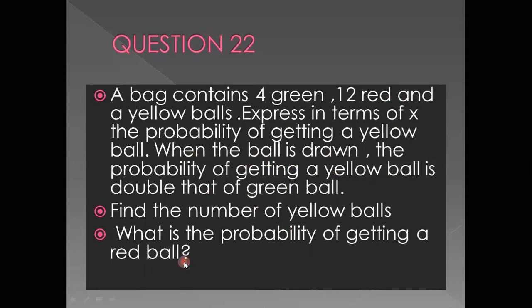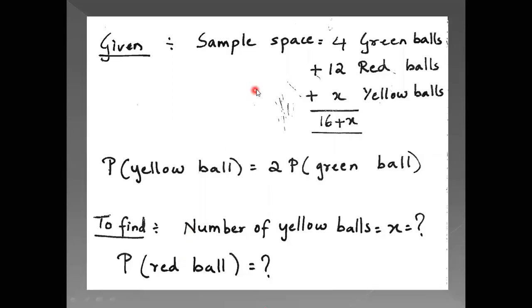So first you have to write down the sample space, because in the bag there are 4 green balls, 12 red balls and x yellow balls. So our sample space becomes 16 plus x. Now the probability of yellow ball is equal to, double means 2, times the probability of green ball.